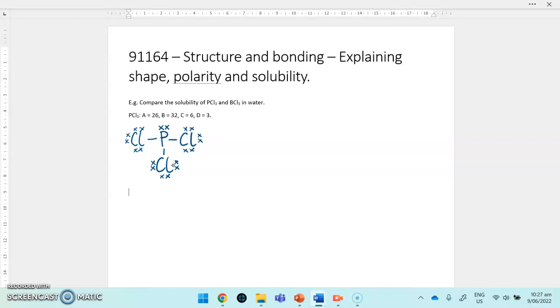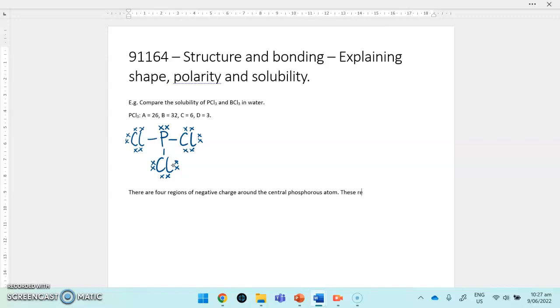Okay, so what we then talk about is we want to explain the shape of the PCl3 molecule. So we'd say something like this. There are four regions of negative charge around the central phosphorus.